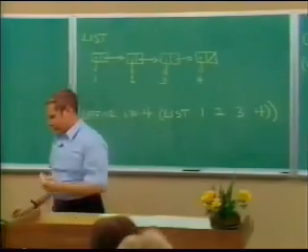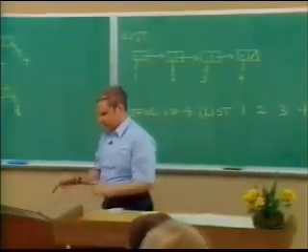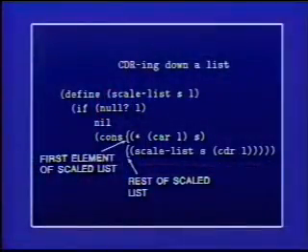Here's the actual procedure that does that. This is an example of the general strategy of cdring down a list and so-called consing up the result. So to scale a list L by some scale factor S, what do I do? Well, there's a test, and Lisp has a predicate called null. Null means, is this thing the end of list pointer? Or another way to think of that is, are there any elements in this list?